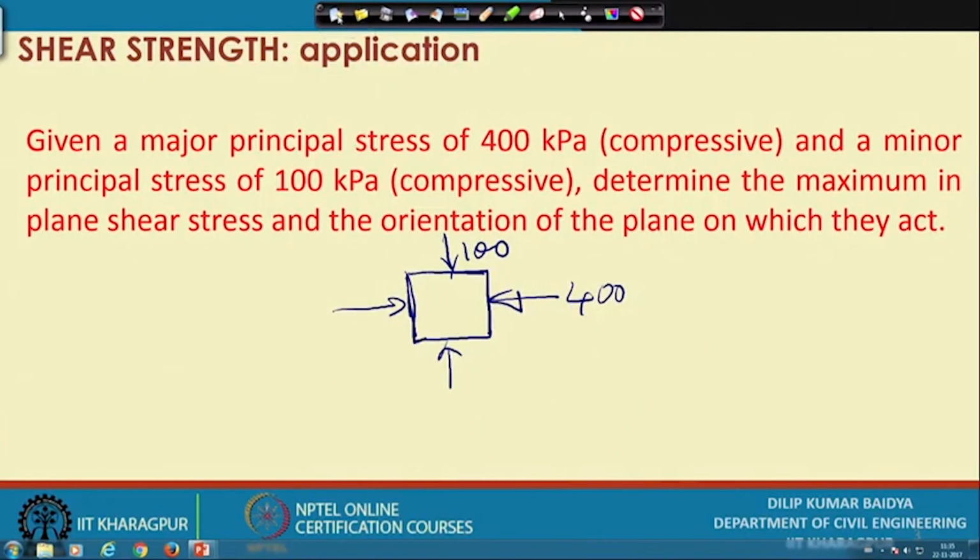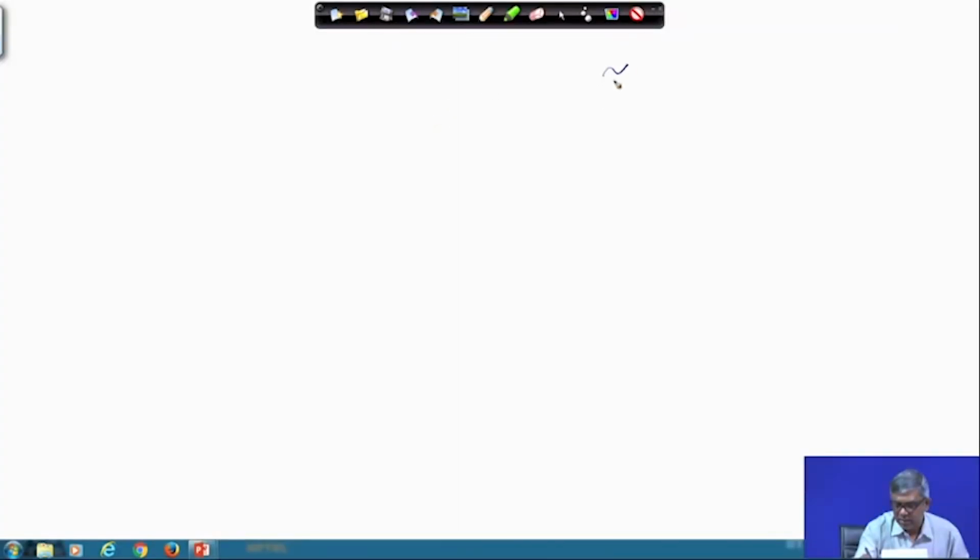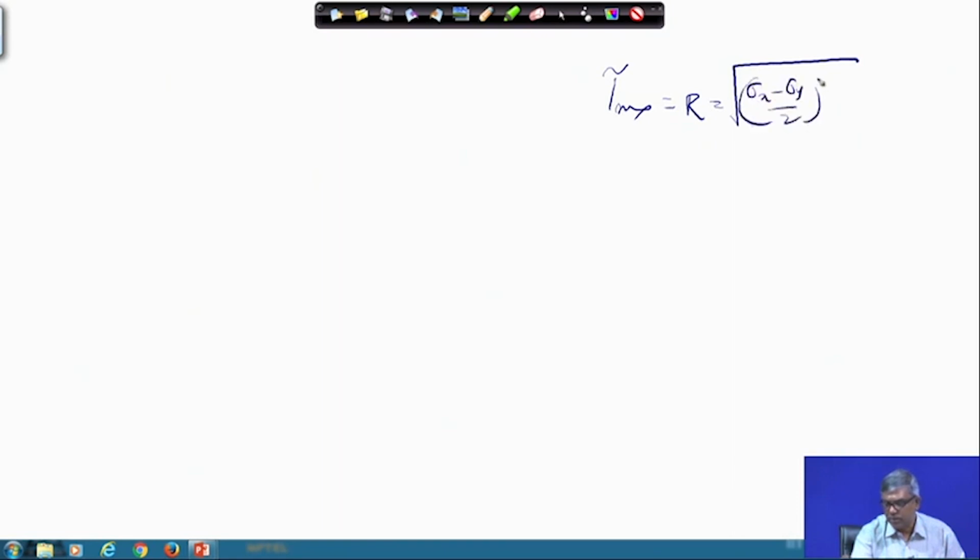So, let us do that. For doing this, we know that tau max, the shear stress, will be equal to the radius, equal to the square root of sigma x minus sigma y by 2 whole squared plus tau x y squared.